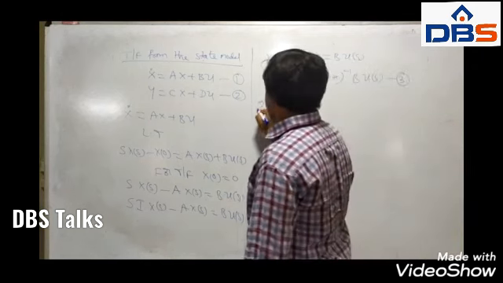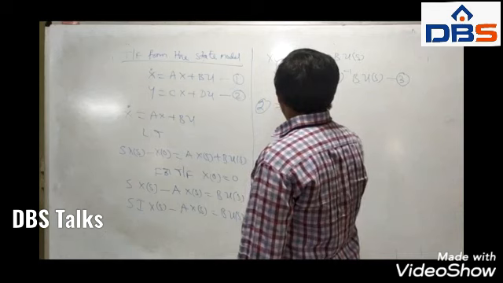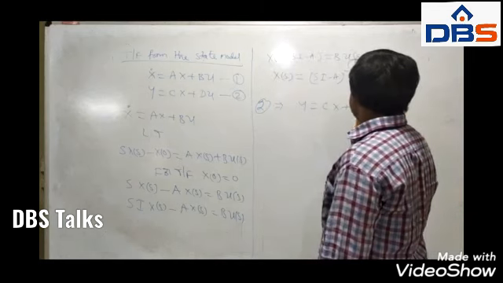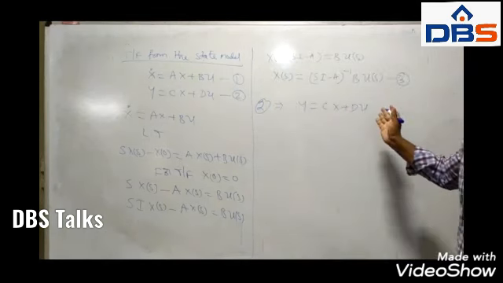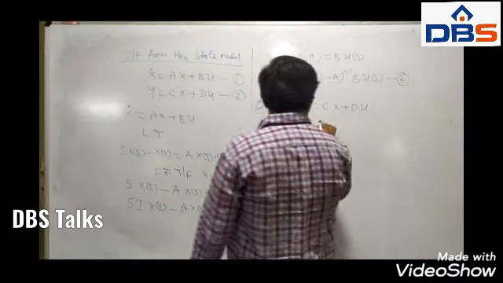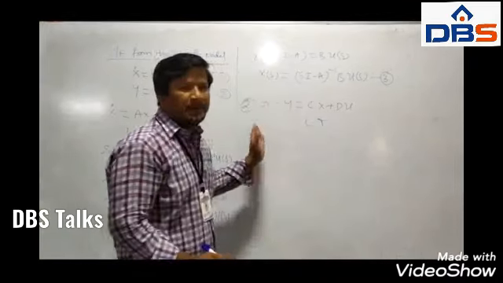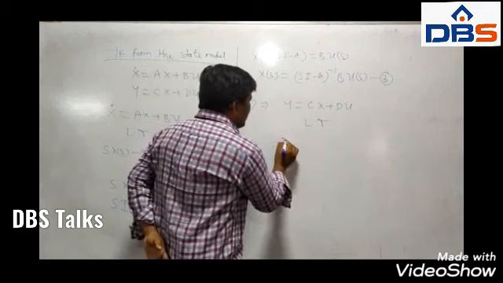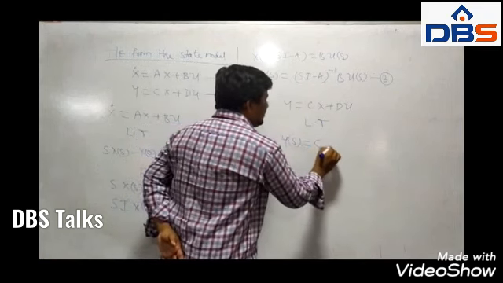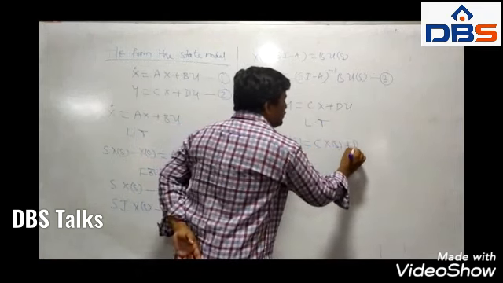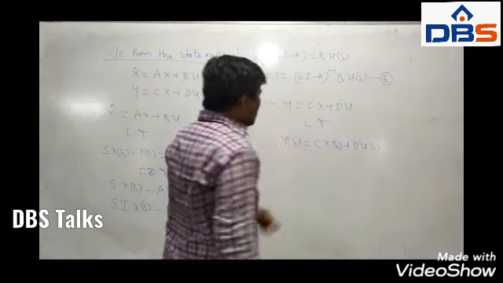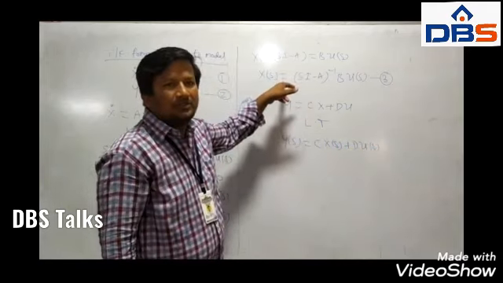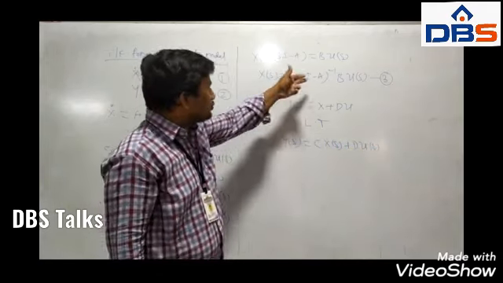Now taking equation number 2, y is equal to Cx plus Du. As usual, apply Laplace transform on both sides. So Y of s equal to C into X of s plus D into U of s, and we know the X of s, so substitute equation 3 in this equation.